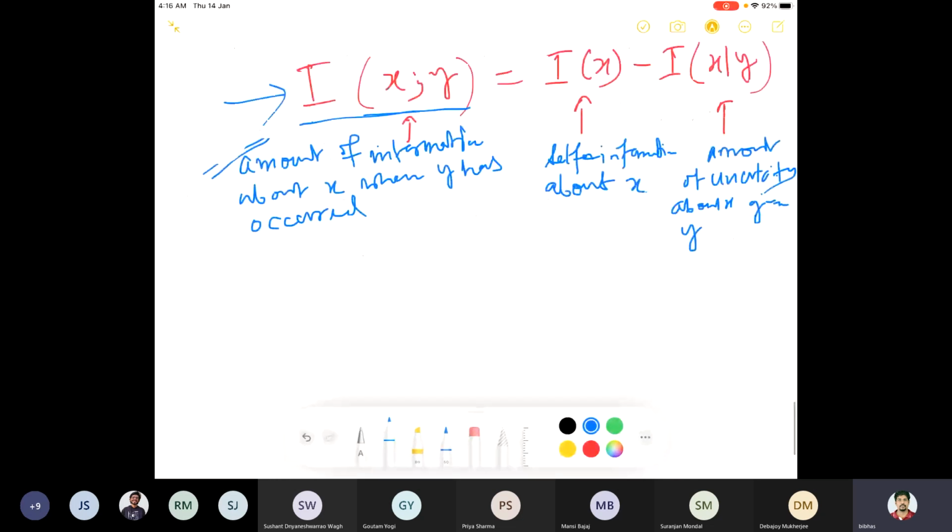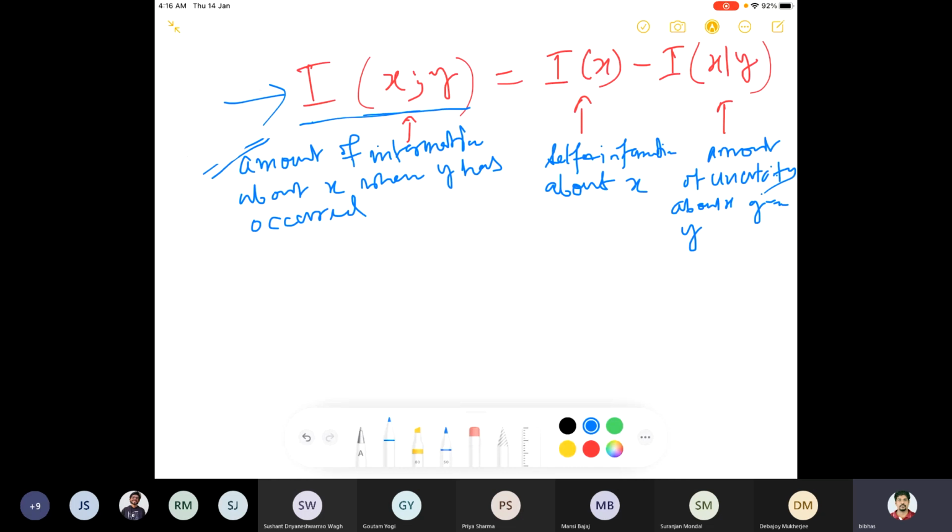So we have one particular x, which is an input sample point, and one particular y, which is a possible output. Now the question is, when y has occurred, what about x? This is what we are trying to quantify.